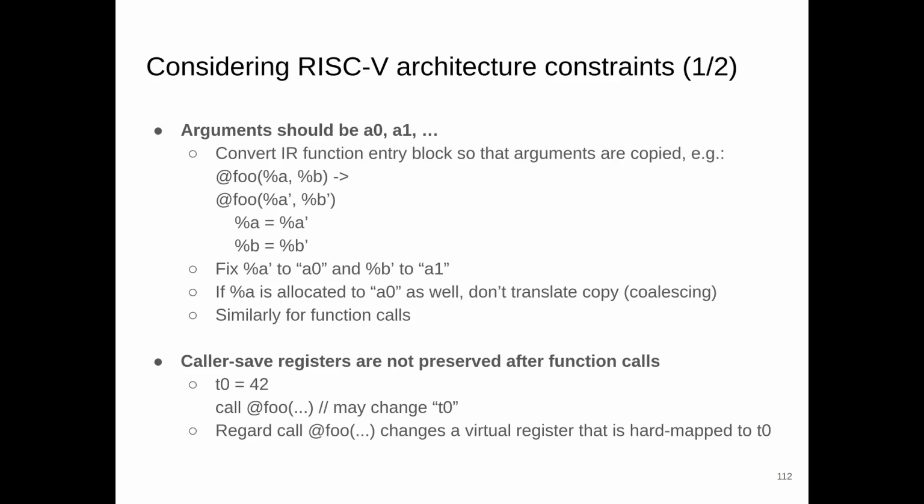Okay, let me finally explain the architectural constraints that affect the register allocation algorithm here. RISC-V, as well as all the other architectures, have some constraints that affect the register allocation. So here are the examples.